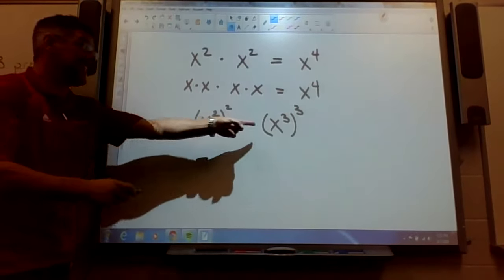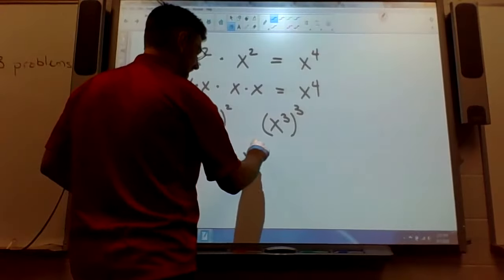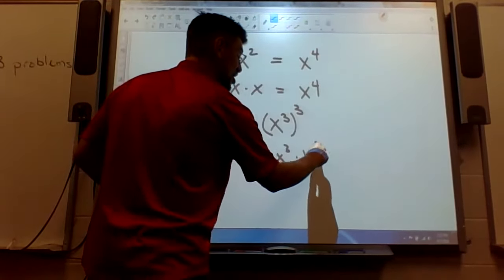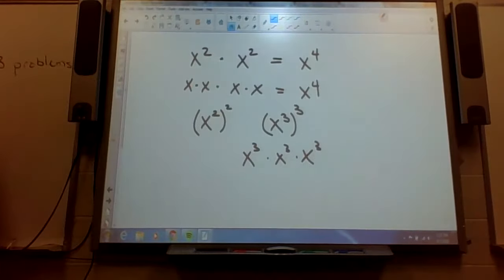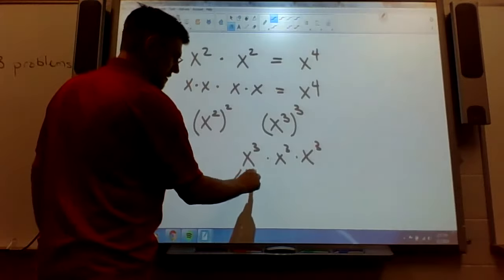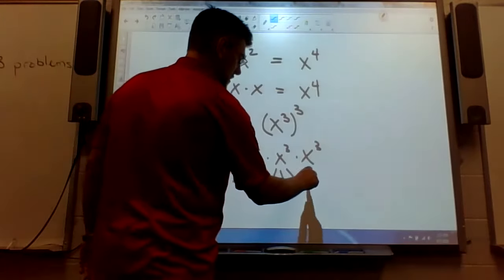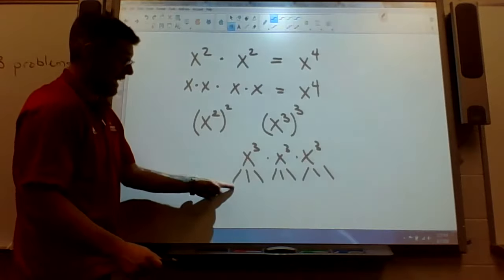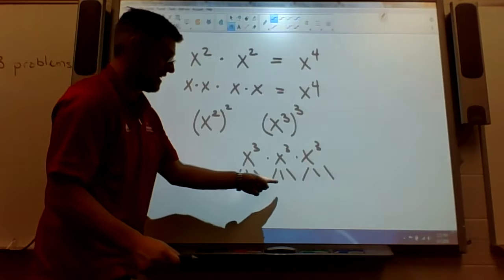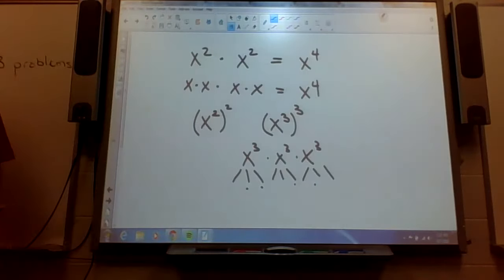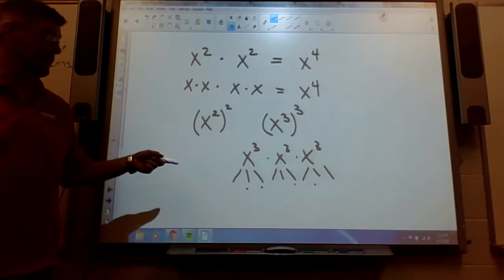Because this is x cubed times x cubed times x cubed, right? Which equals what? X times x times x, nine of those, right? Hence x to the ninth.